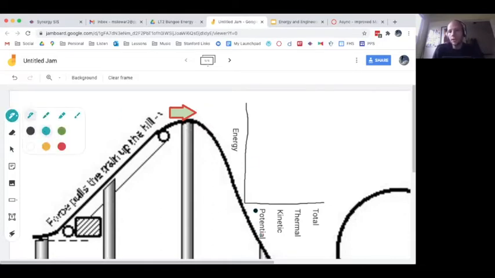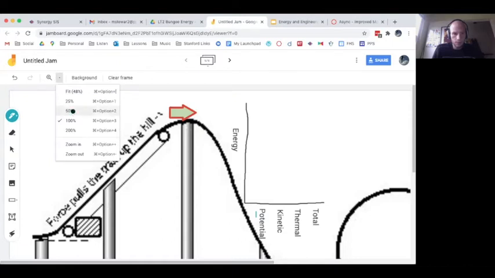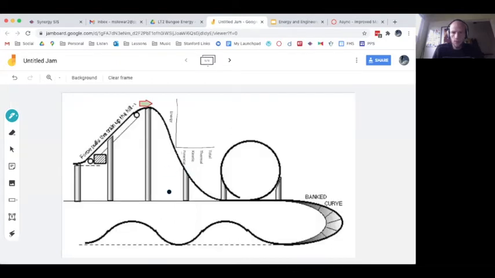So starting with potential energy, I know that this roller coaster is pretty high up off the ground. And so I'm going to give it a lot of potential energy, because when we've talked about potential energy, we've talked about how it comes from how high up off the ground you are and how much you might fall, how much energy there might be once you fall back down to the ground.